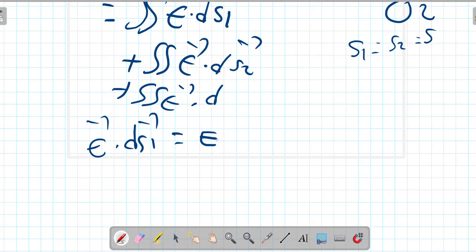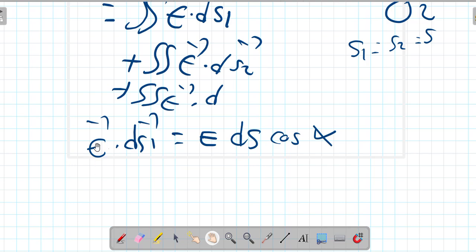The vector and the magnitude are very different things, guys. dS1 as a vector is a very different thing. Then multiply by cos of the angle between them. Let's call that angle alpha.